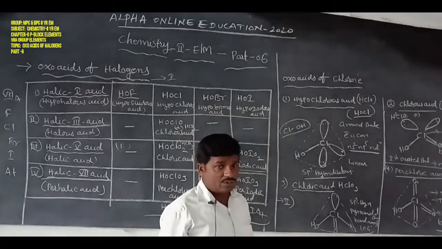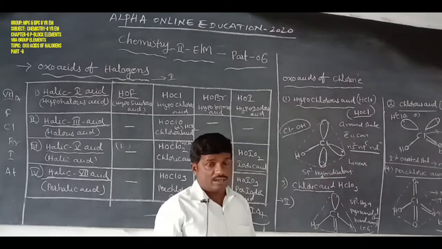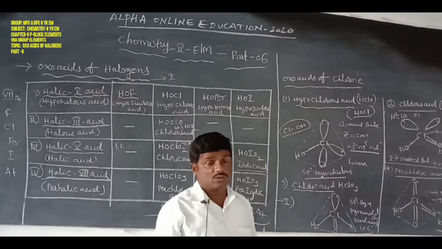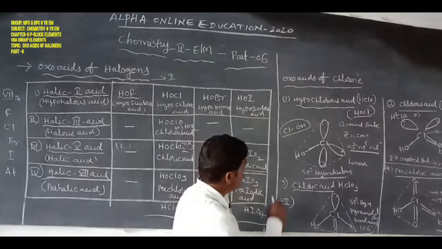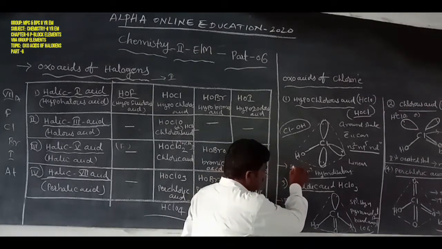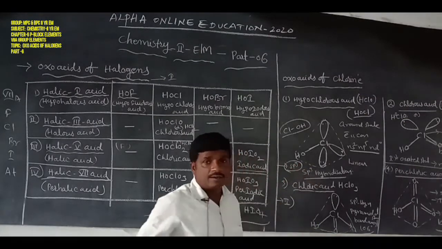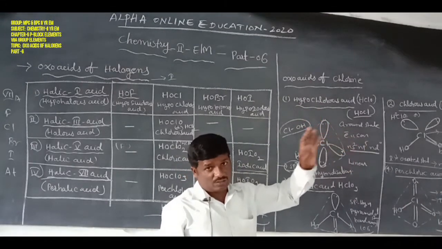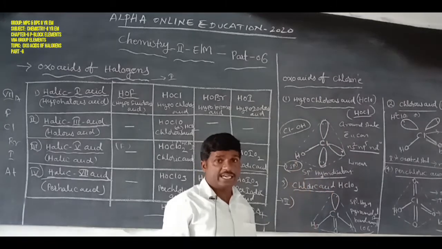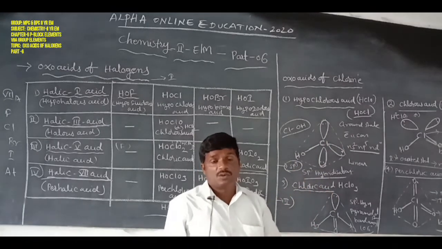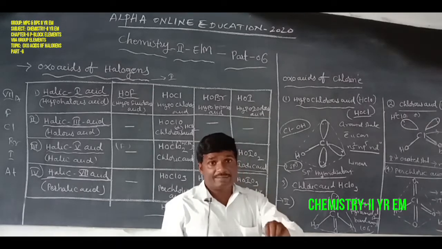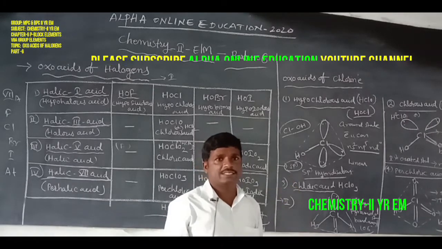In the oxo acids of chlorine, which type of hybridization does the central chlorine atom undergo? sp3 hybridization. That is the first one, hypochlorous acid or chlorous acid, next chloric acid, and perchloric acid. In all four types of oxo acids of chlorine, the central atom undergoes sp3 hybridization.